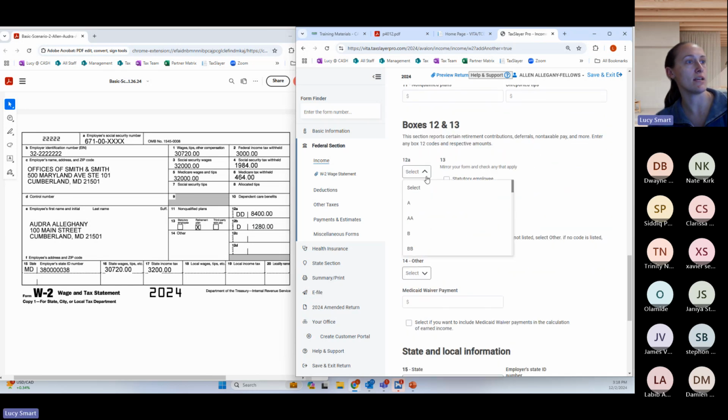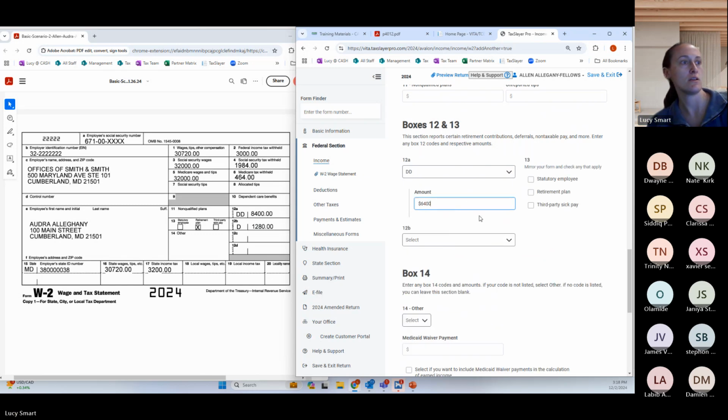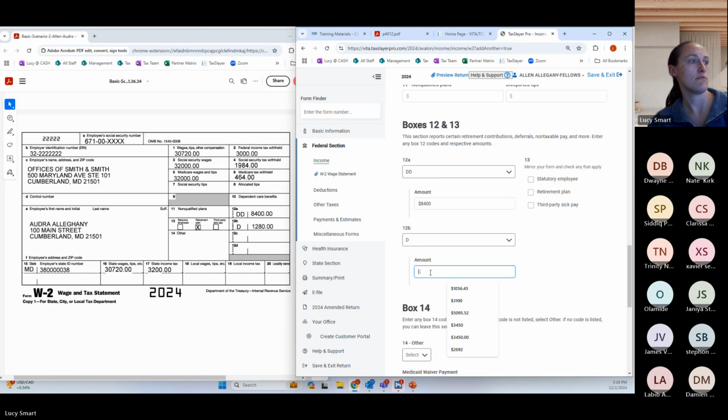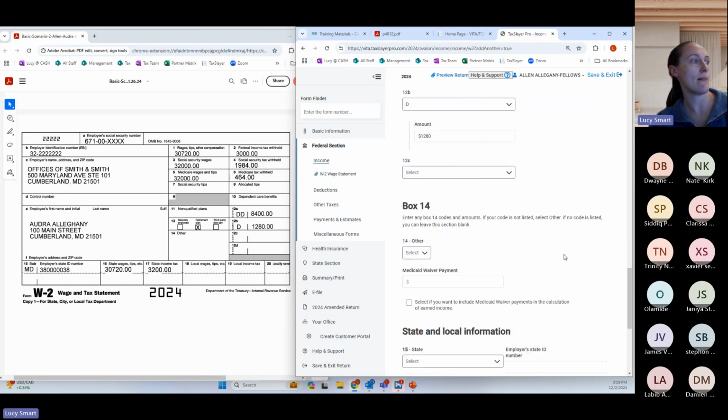So 12A has code DD for an amount of $8,400. And box 12B has code D for 1280. Box 13 has retirement plan checked off, so we'll do that.